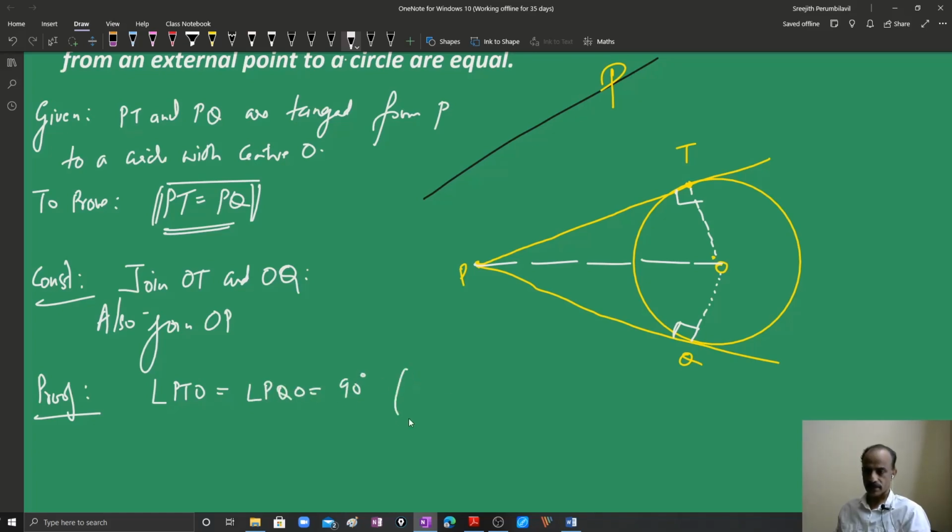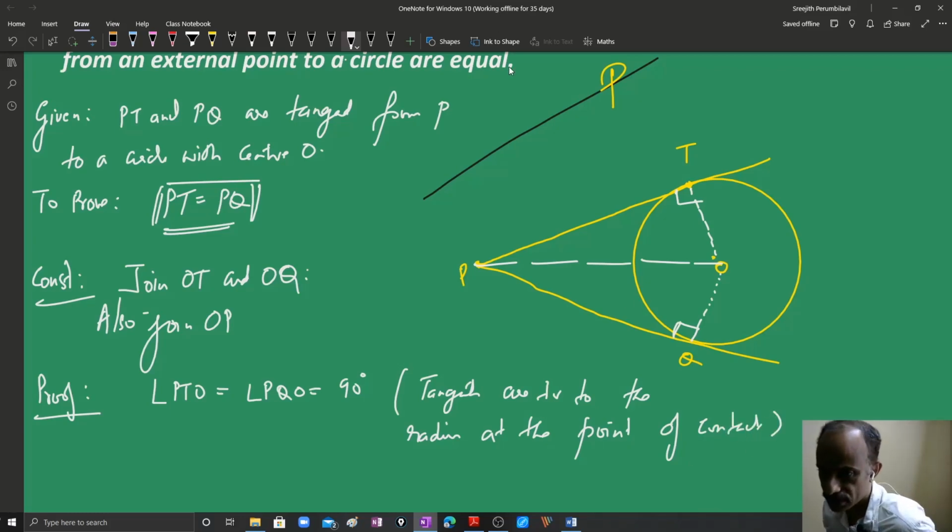Why? Theorem 10.1: the tangent is perpendicular to the radius at the point of contact. That's over.